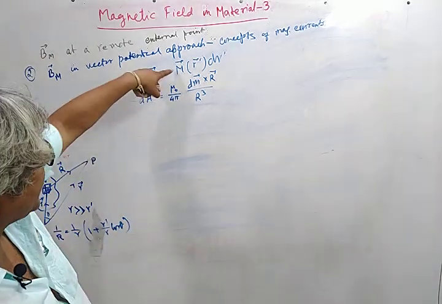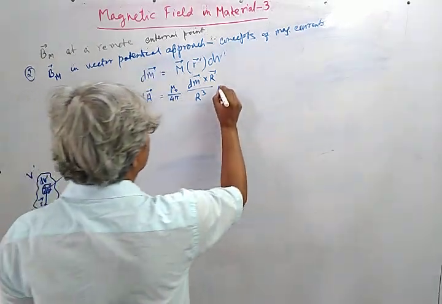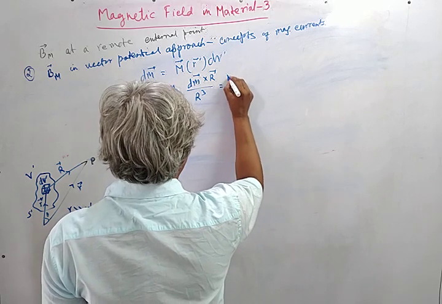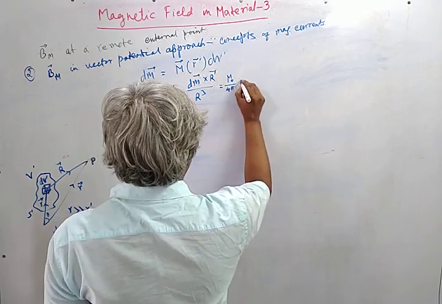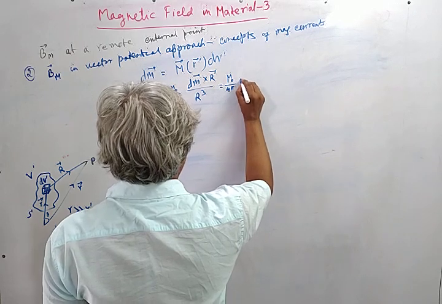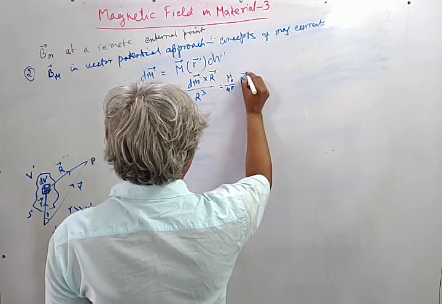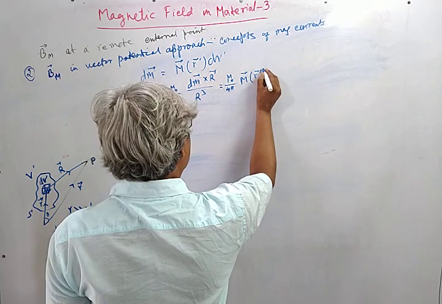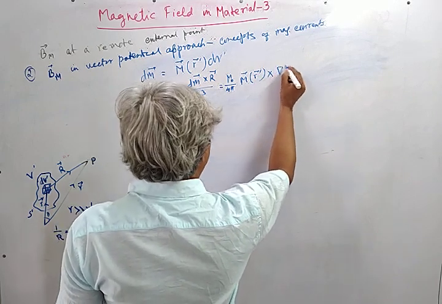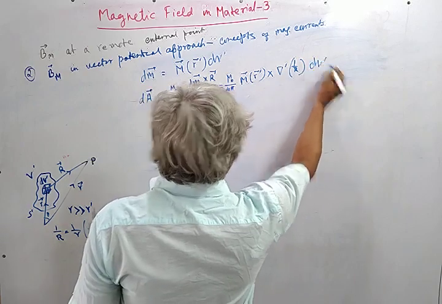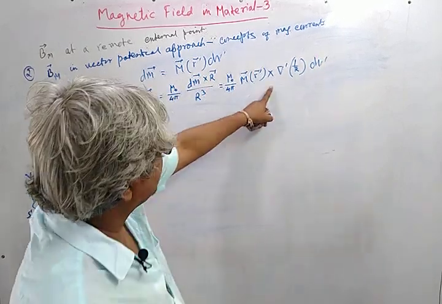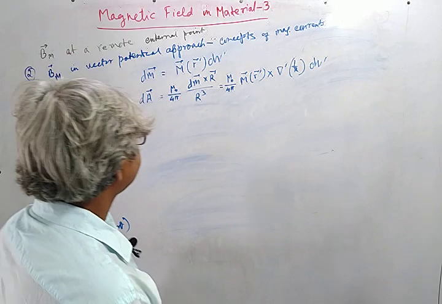For delta m we write this, and r by r cube is written in this form.